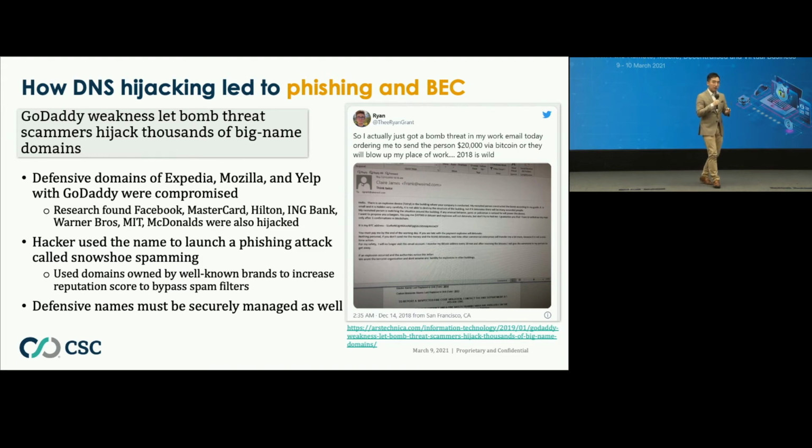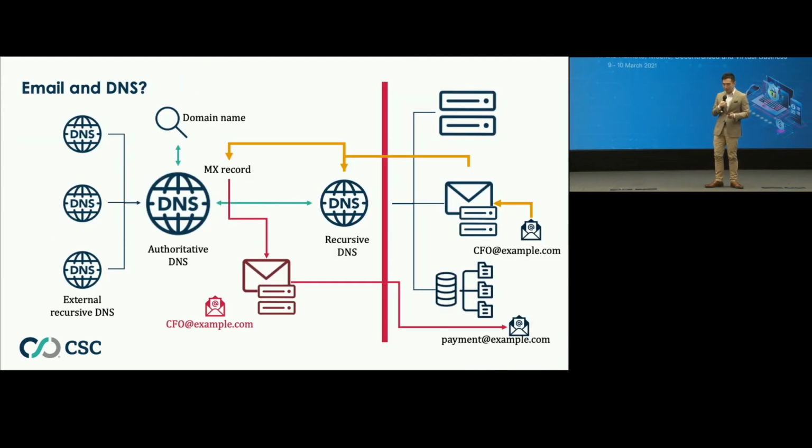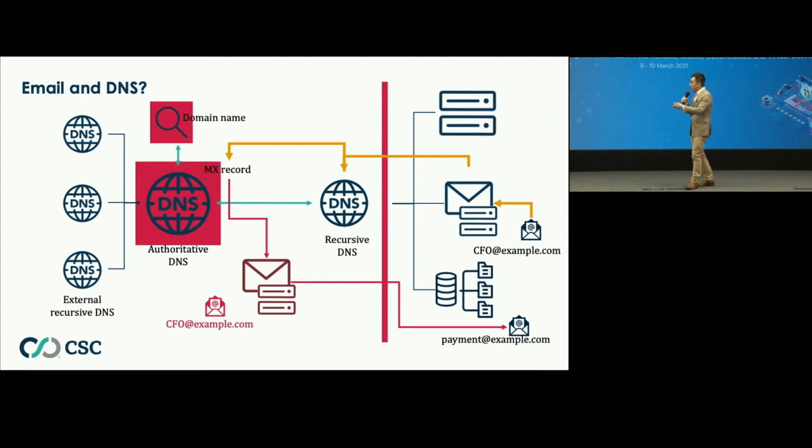So, once again, phishing is linked over there. One of the most dangerous trends that we have seen related to phishing is this. When you think about how email works, a legitimate email goes through your recursive DNS to your authoritative DNS. If someone compromises either the domain name or the DNS server, they can redirect everything to a fake MTA, a fake mail server.